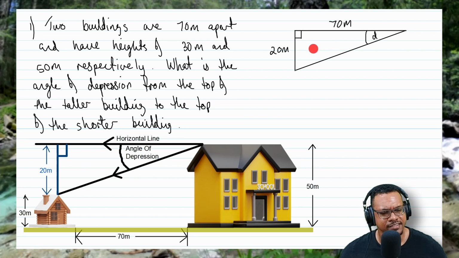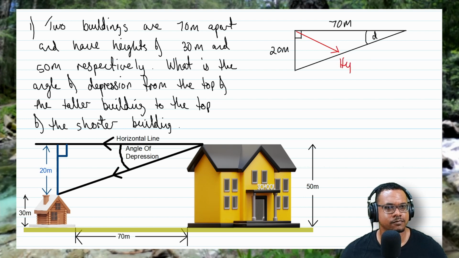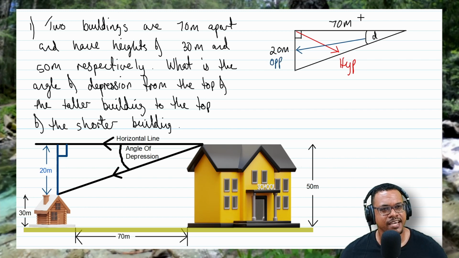So now that we have our right angle triangle, let's label the sides of this right angle triangle. So the side opposite the right angle is the hypotenuse. The side opposite the angle that we want to find is the opposite side, and the angle that we want to find is this D, the angle of depression. So this 20 meters is the opposite side, and the remaining side will be the adjacent side.